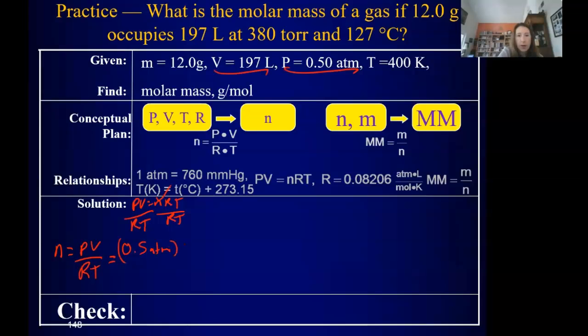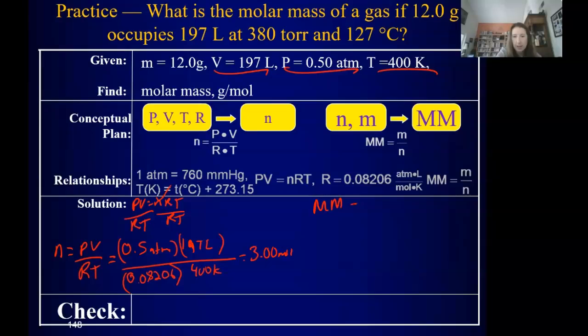Our volume, 197 liters. That's supposed to be a 9, sorry. Our R, I like to use the big R, the long one, it's fine. And then our temperature is 400 Kelvin. So when we do this, we get 3 moles.